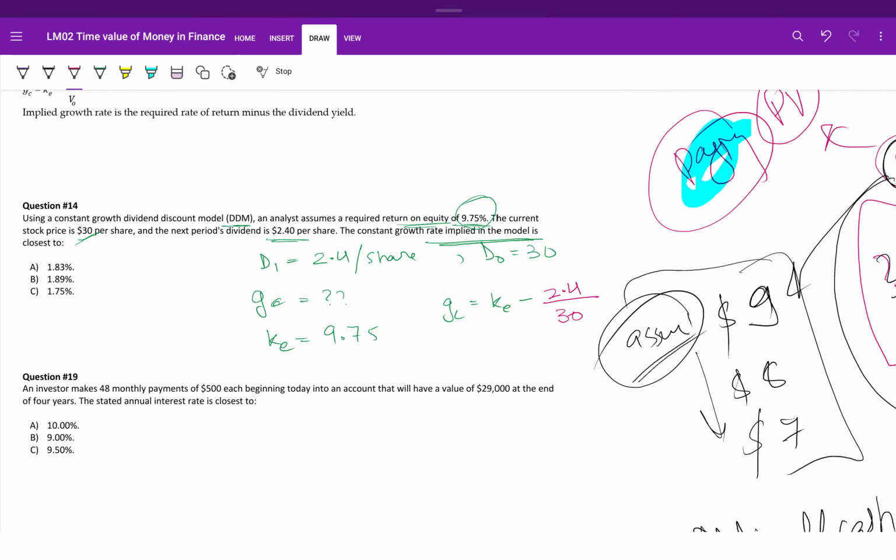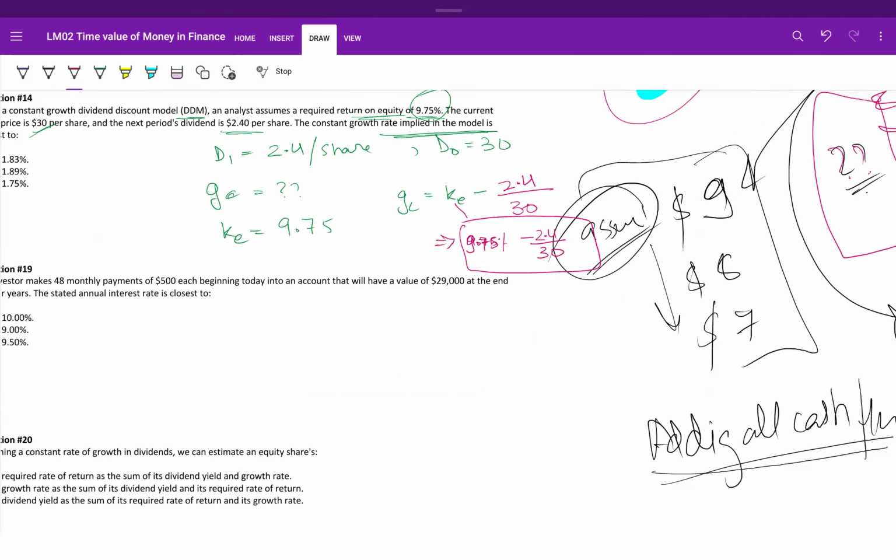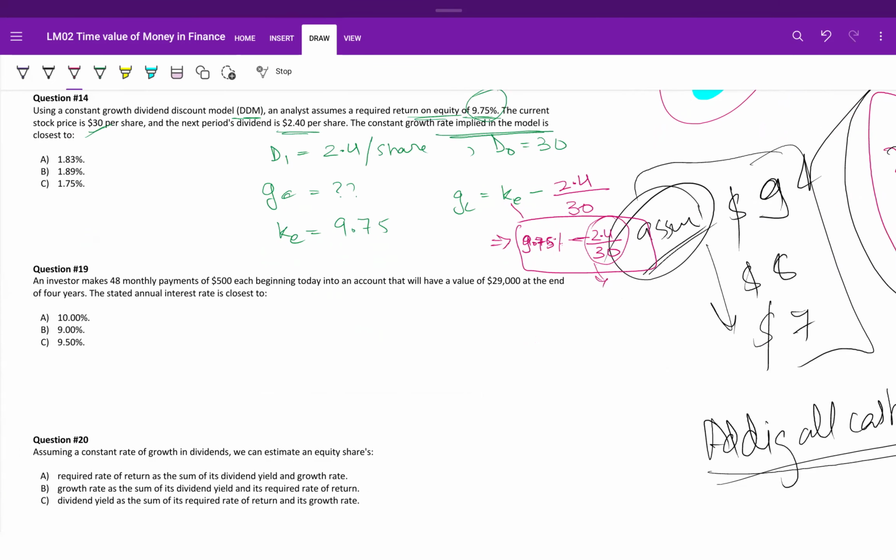So the growth is 9.75% minus 2.4 divided by 30. This is how we calculate it. Once you plug in these numbers, first solve 2.4 divided by 30, and then solve the equation, and this is going to give you somewhere around 1.75% as an answer.